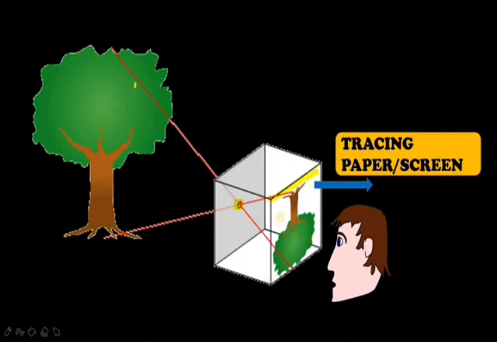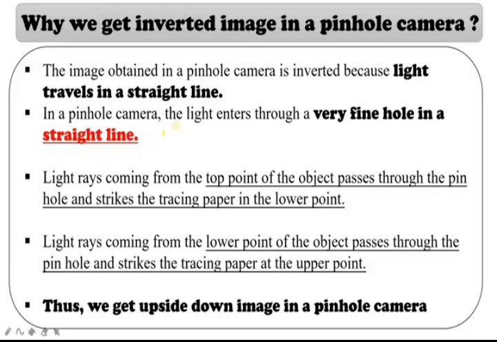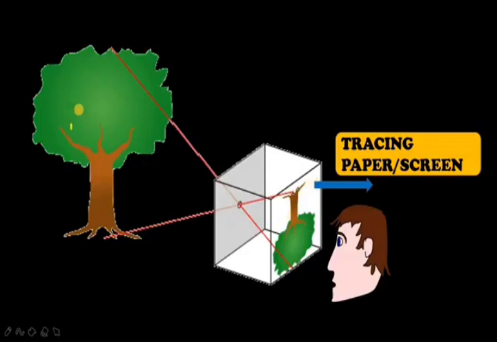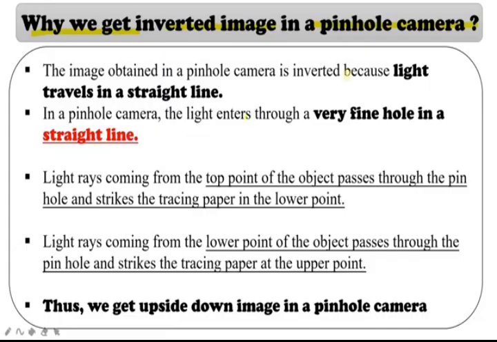Look here, the tree picture gets inverted. The tracing paper is acting as a screen. Through the pinhole, light will pass. The image obtained in a pinhole camera is inverted because light travels in a straight line. Look here, the light travels in a straight line, so the picture will be captured as an inverted image.